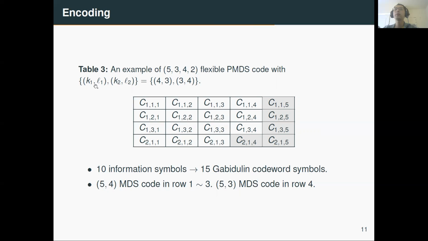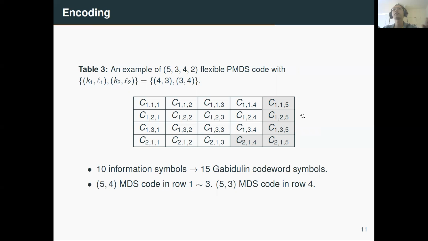By doing so, we have 2 layers, and for layer 1, K1 equals 4. It means that if you have 4 available nodes, we only need to access 3 symbols in each node. And for the second parameter, we have K2 equals 3. It means that if you have 2 node failures, we can still decode all the messages by downloading all the 4 symbols in each available node.